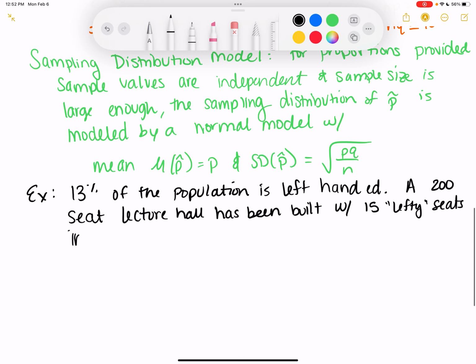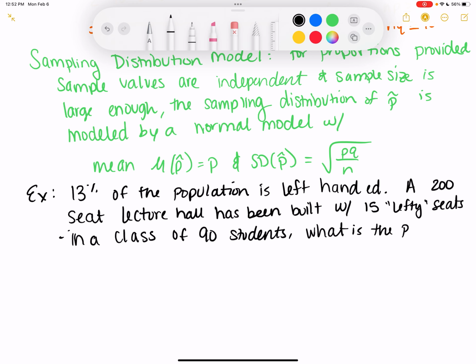In a class of 90 students, what is the probability that there will not be enough lefty seats?